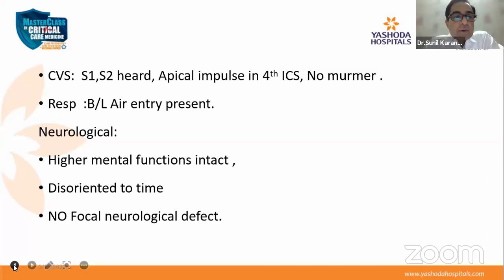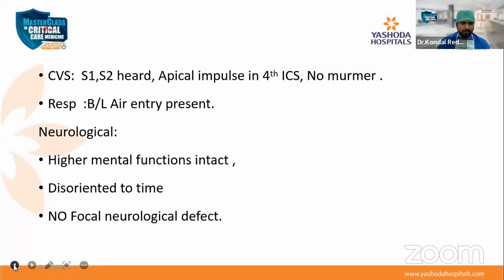If I would ask you, do you want to look for anything more specifically which may not have been mentioned in this particular examination sequence that you have explained? Icterus, stable vitals, tenderness. Okay.